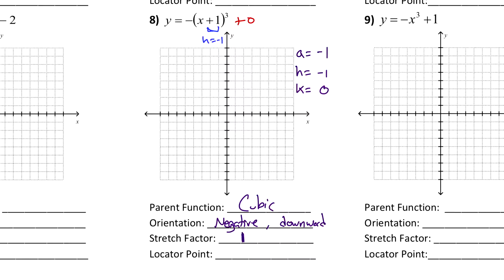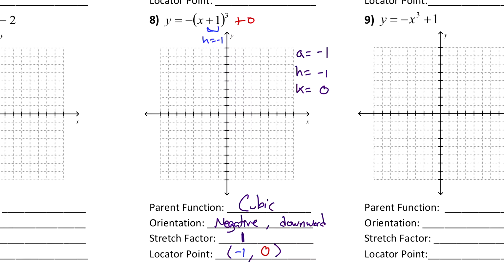So this is going to be 1, and the locator point, don't forget your parentheses, is going to be (-1, 0). Now that information is filled in, you could probably do that for every single problem without even graphing it at first, and then go back and graph them after. Hopefully it gets easier for you to do that.